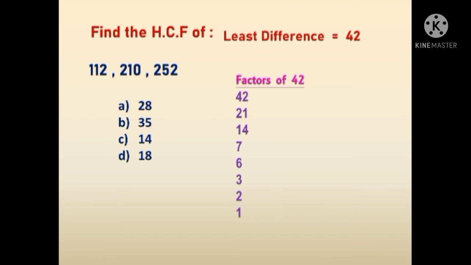Now we have to find which number in the factors matches the options. So the number 14 in the factors matches the options, right? So the answer is 14. It's not necessary to check whether the numbers are divided by the factors. So in case of options questions, this trick saves more time because it's not necessary to divide and check.